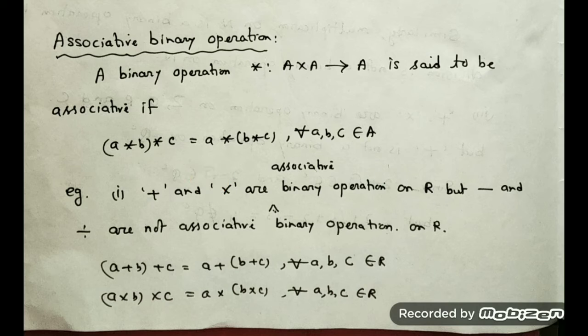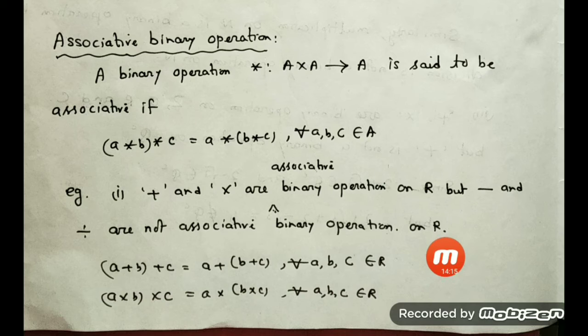So here you see plus and multiplication are associative binary operations on R, but minus and division are not associative binary operations on R. Since plus is associative, you have to write like this: (A plus B) plus C is equal to A plus (B plus C), and this is true for all A, B, C. If yes, simply state the definition, that means the corresponding definition, okay?